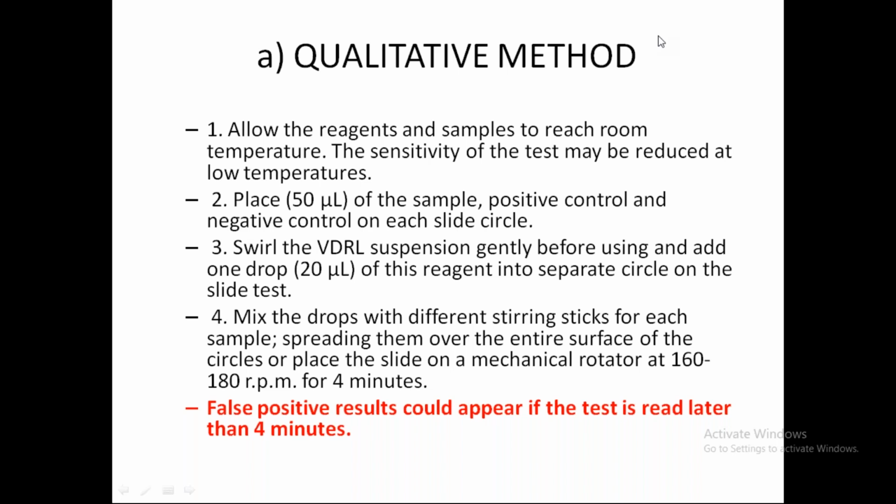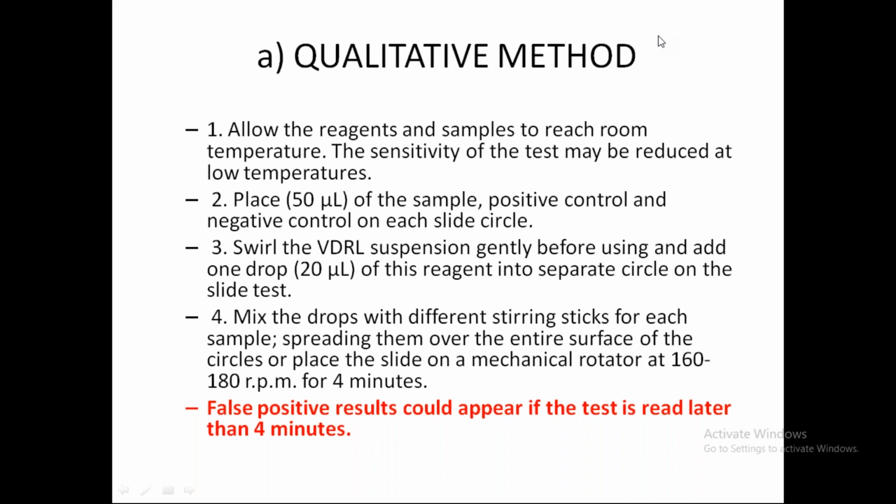Mix the drops with different stirring sticks for each sample, spreading them over the entire surface of the circle, or place the slide on a mechanical rotator at 160 to 180 rotations per minute for 4 minutes. False positive results could appear if the test is read later than 4 minutes.